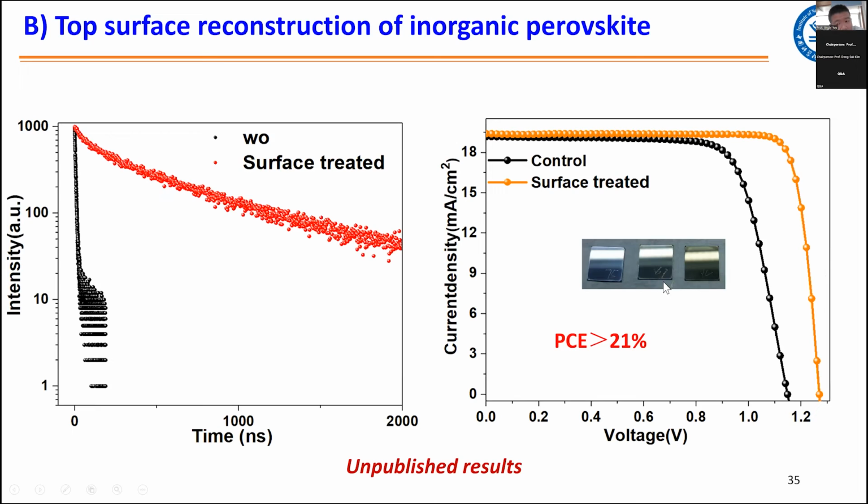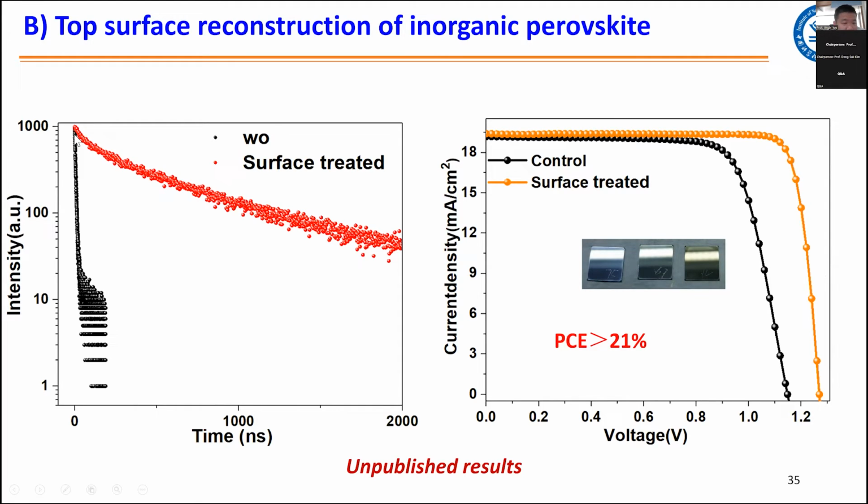Recently, we got another work on surface reconstruction for the inorganic perovskite materials. If we look into the literature, most of the inorganic perovskite materials have a lifetime of less than 100 nanoseconds.